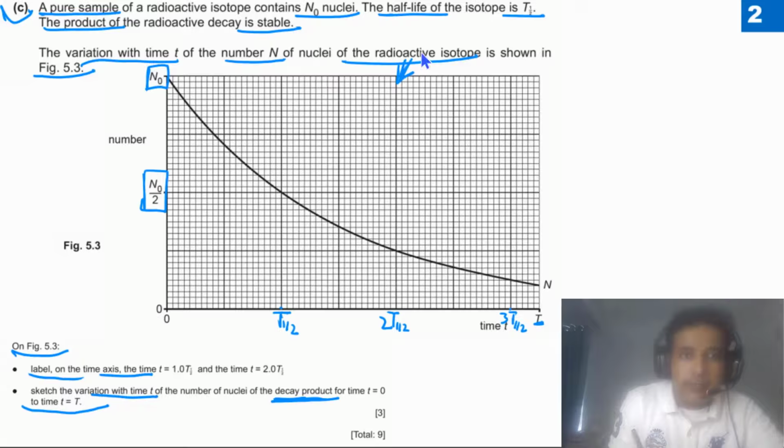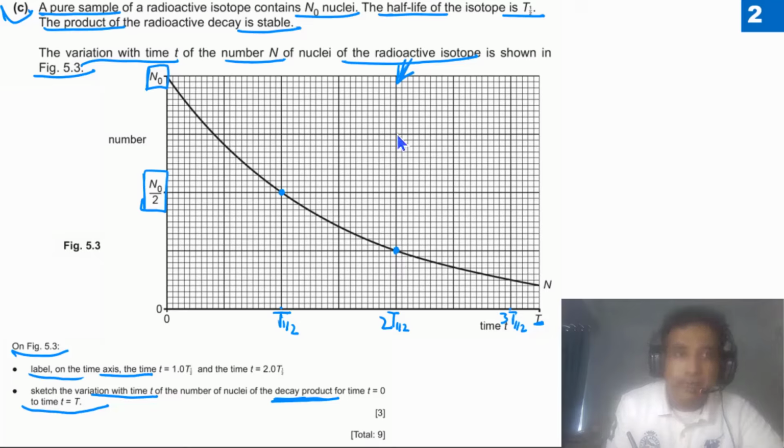Now, when the number of nuclei of the radioactive isotope becomes half, the number of nuclei of the decay product also becomes half, meaning 50%. So here it becomes 50%. And now here we have 25% nuclei of the radioactive isotope.